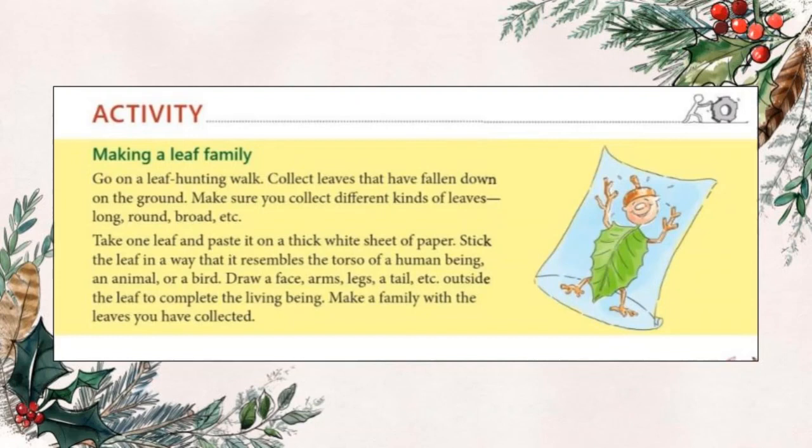Stick the leaf in a way that it resembles the torso of a human being, an animal, or a bird. Draw a face, arms, legs, a tail, etc. outside the leaf to complete the living being. Make a family with the leaves you have collected.